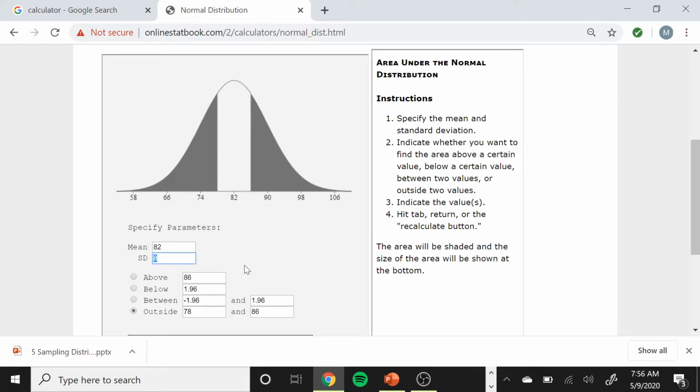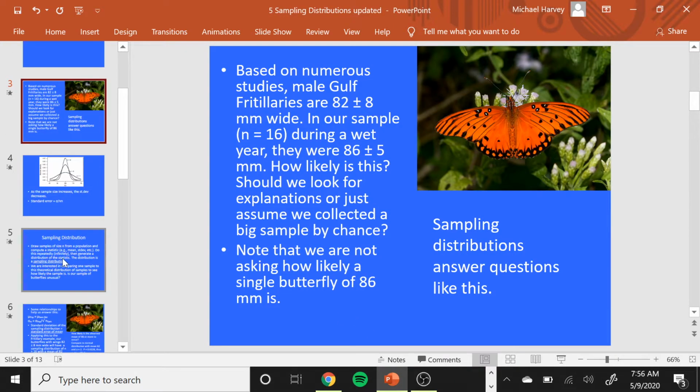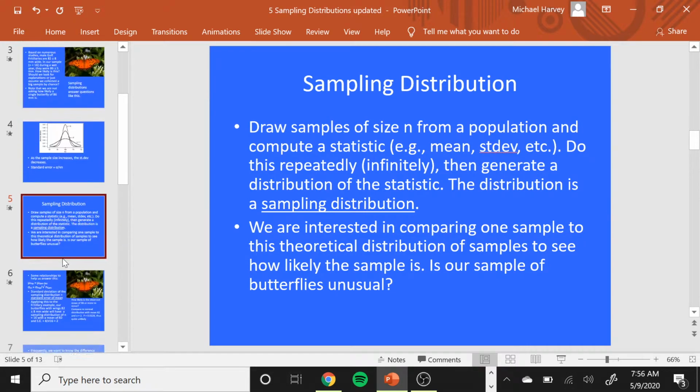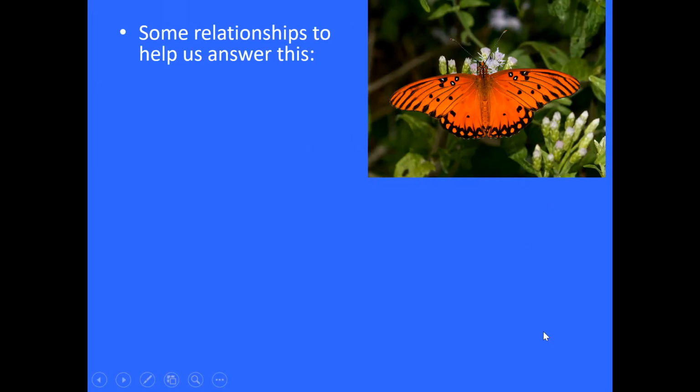But if you are dealing with a sampling distribution with n equals 16, then that's going to reduce this. So remember, let's look at the formula here. Actually, I think it may be easier to look at it this way. Okay, here it is. So this is how we would solve that.